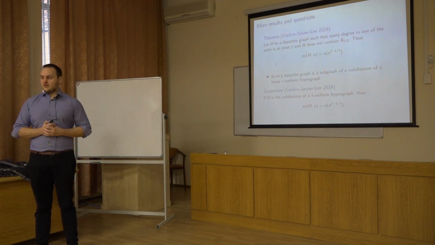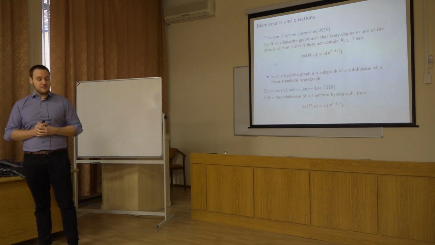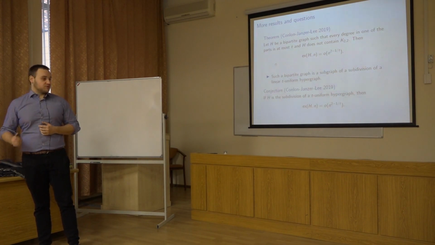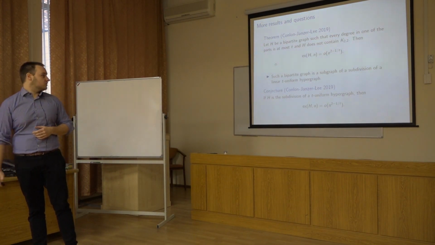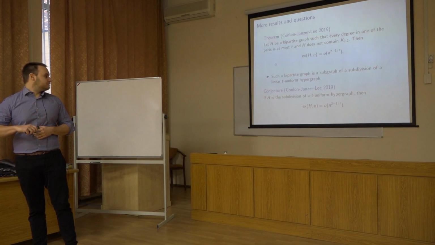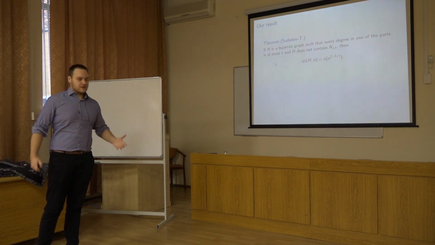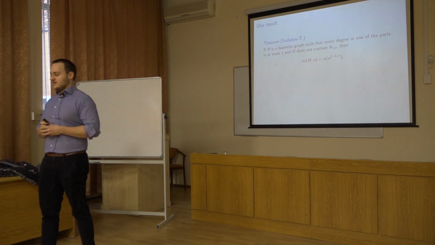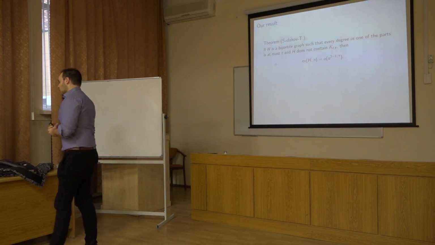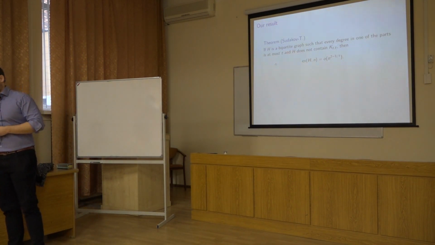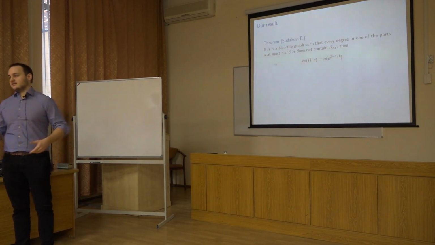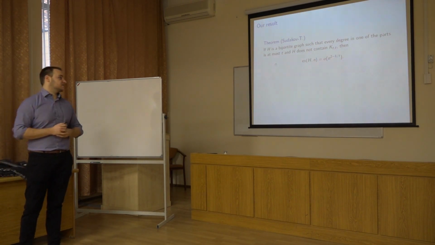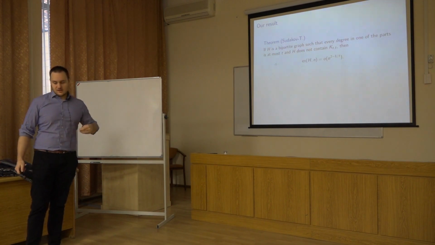But now let me show you what we managed to prove. We managed to prove something that's much stronger than this conjecture, but slightly weaker than the original conjecture. So we managed to prove the original conjecture, but instead of getting this minus delta improvement, we only managed to get this little o improvement.